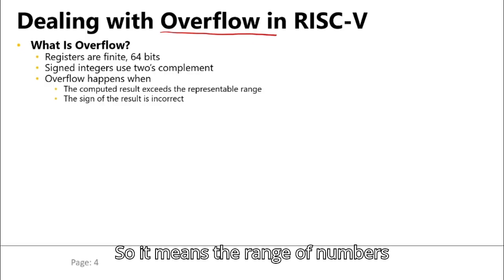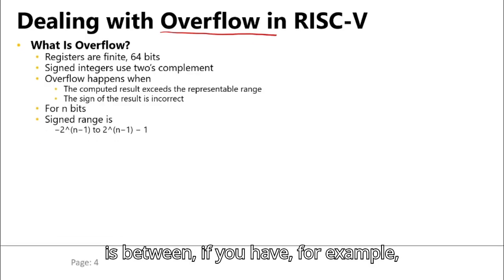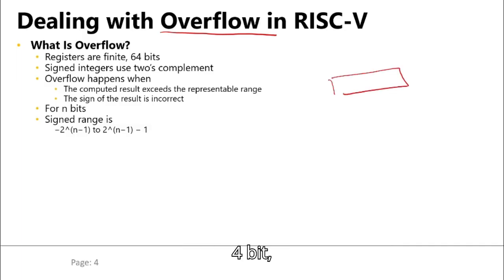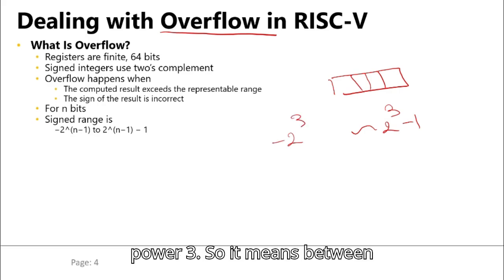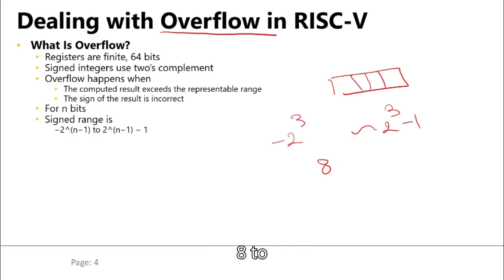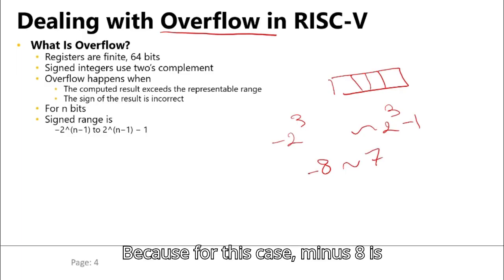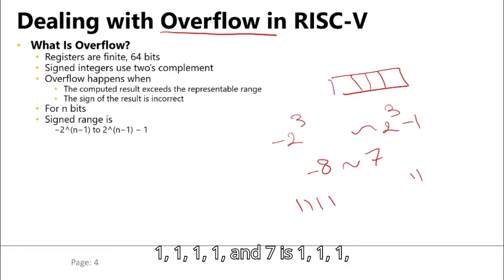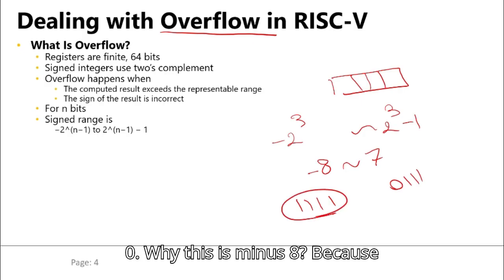So it means the range of numbers is between, if you have, for example, 4-bit, the range of this 4-bit is from 2 power 3 minus 1 to minus 2 power 3. So it means between minus 8 to 7. Why? Because for this case, minus 8 is 1, 0, 0, 0, and 7 is 0, 1, 1, 1. Why is this minus 8?